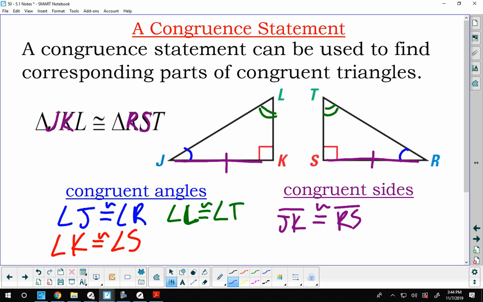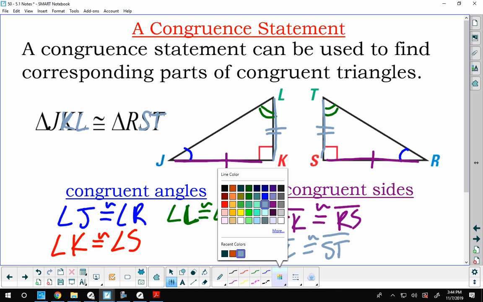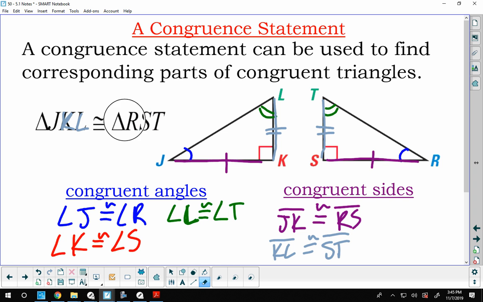We can use our second two letters. So side KL is congruent to side ST. You can also see that in your picture. And we can look at the third sides, which is the first and third letter.